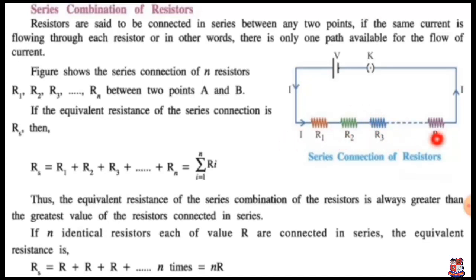When you reach the n-th resistor, that is Rn, again the 5 ampere current will flow. So the figure shows the series connection of n number of resistors R1, R2, R3 up to Rn between 2 points A and B. Here the points are symbolically represented as capital A and capital B.